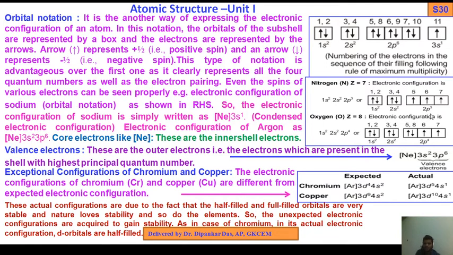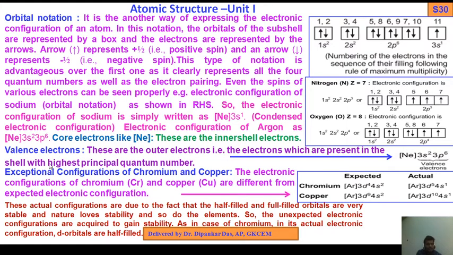In the case of oxygen, the electronic configuration is 1s2, 2s2, 2p4, atomic number 8, or you can write 1s2, 1 2, 3 4, 2p4, 5 6 7 8. So this is the way of writing the electronic configuration by orbital notation or SPD notation. In SPD notation, we should first write the value of the principal quantum number: 1s, 2s, 2p, etc.